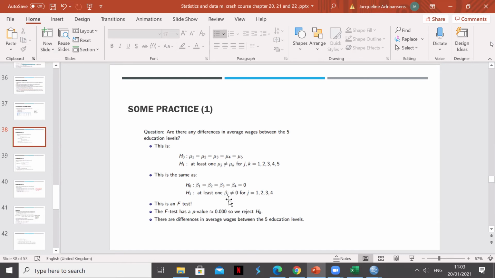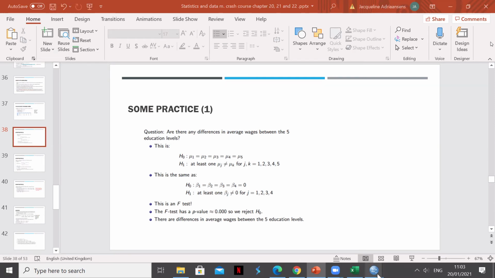So we write down beta j is not 0 for j is 1, 2, 3, and 4. You can also write down again beta 1, at least beta 1 is not 0, and/or beta 2 is not 0 up until including beta 4, but that's more work. And this is an F-test.